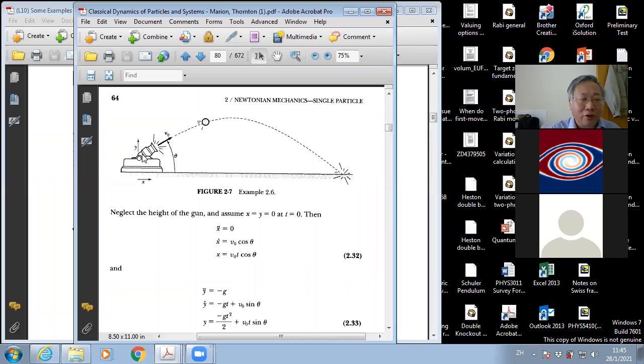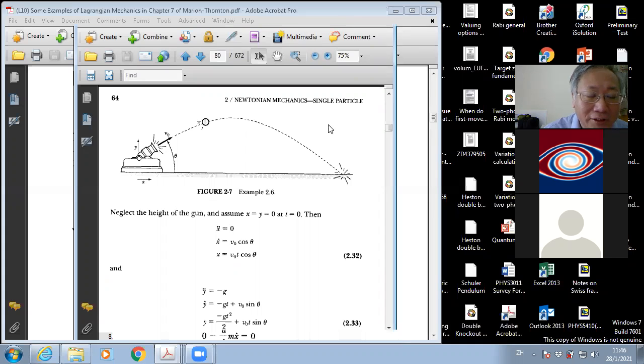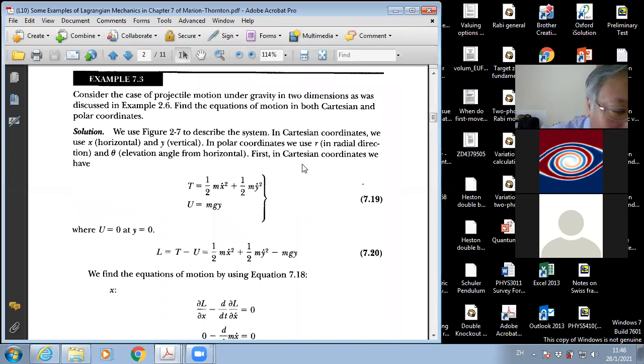So we have a cannon here, and it fires a cannonball, right? And the ball flies out of the cannon, and is acted upon by the uniform gravity. Okay, we are familiar with this example, and actually, we learned this example in high school.